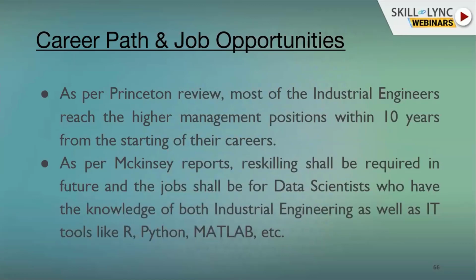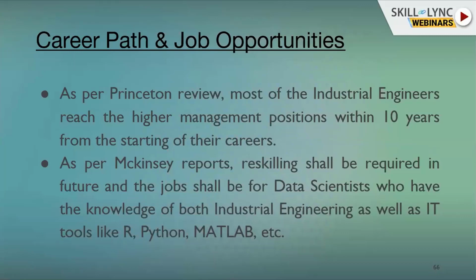As per McKinsey reports, reskilling shall be required in the future, and the jobs shall be for data scientists who have knowledge of both industrial engineering as well as IT tools like R, Python, MATLAB, etc. That is why I reiterated both the concepts, smart manufacturing as well as industrial engineering. If you know both, you are the master of this industry.